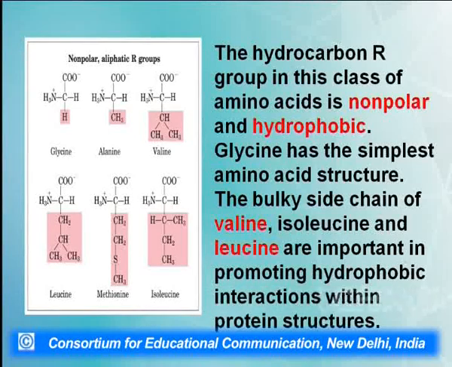And the next one is isoleucine. Again, this, as I said, is a misnomer here because the group here is a secondary butyl group. So what we find is that whether we talk of glycine, alanine, valine, leucine or isoleucine, these have aliphatic hydrocarbon chains in them.